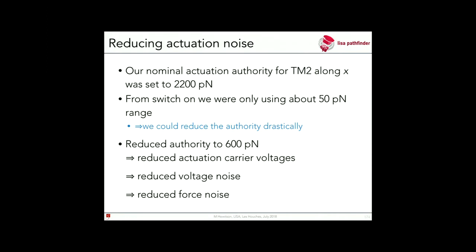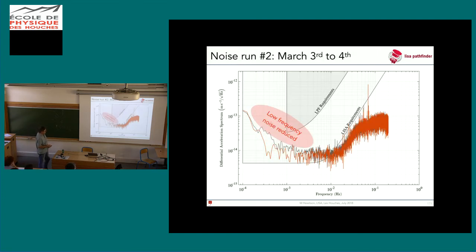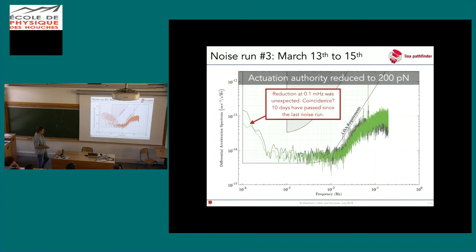And in reducing that to some lower level, and we're always conservative when we do these things, that reduces the size of the voltages used for the actuation, which in turn reduces the voltage noise because they scale, and that in turn reduces the force noise, which goes as the square of the voltage, right? So we did that in flight, we reduced that, and we saw the noise go down here. But it didn't quite go down as much as we had hoped. We still had some excess down here.